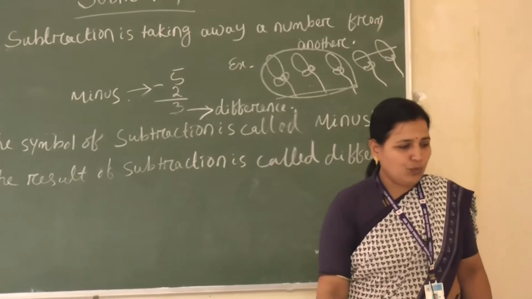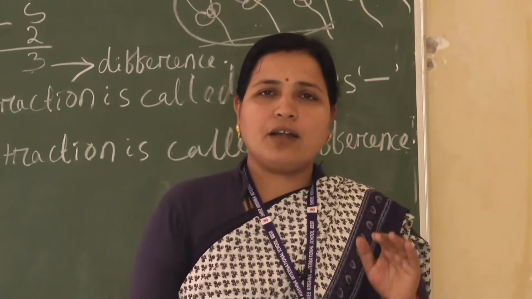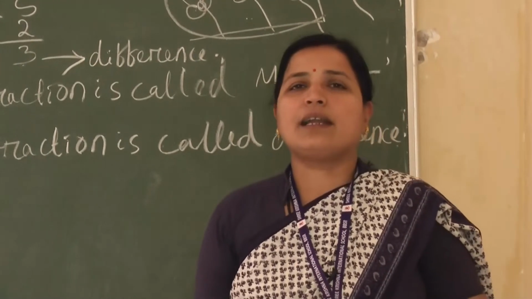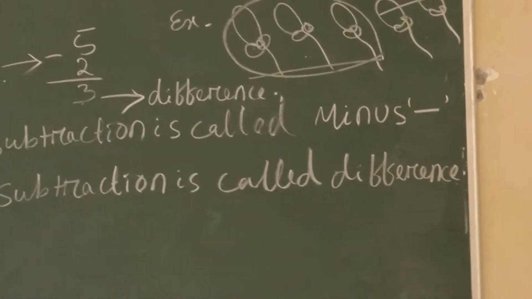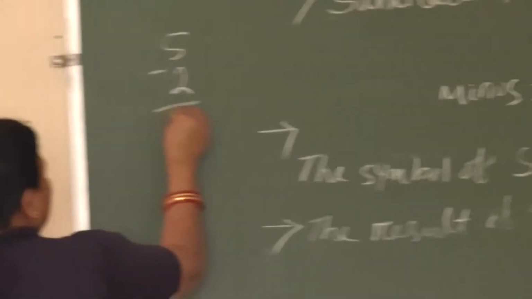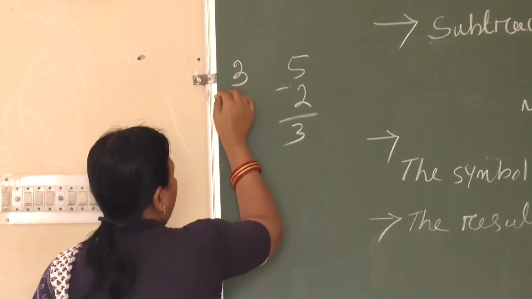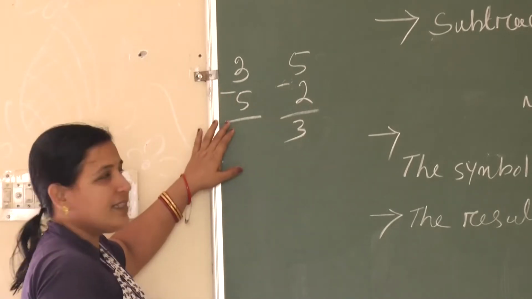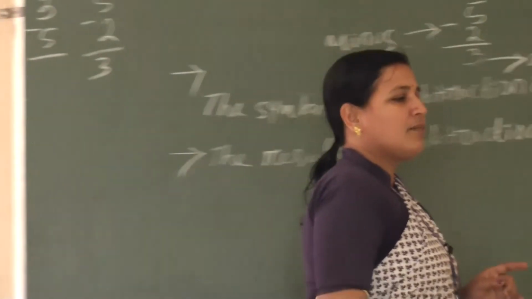Another thing I tell to you, when you do addition, you can add smaller with greater or greater with smaller. But when you do subtraction, you cannot subtract greater from smaller. If you do subtraction 5 minus 2, you can subtract, this is 3. 3 is the difference. But if I say you subtract 3 minus 5, can you do? You cannot, because in subtraction we cannot subtract the greater number from the smaller number.